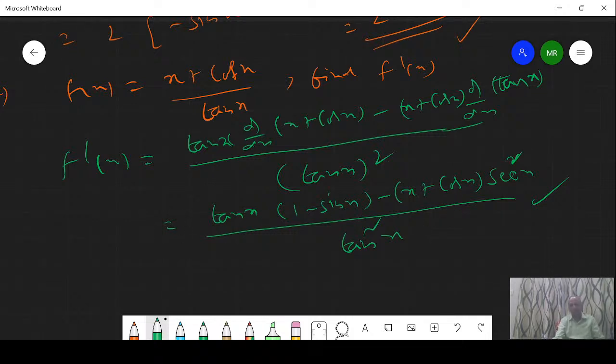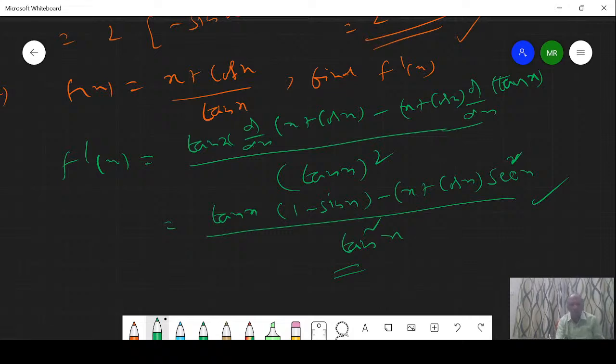Like this we got f dash of x. Right. Now you can see that in this problem I have used the quotient rule. Finally you got tan x into 1 minus sin x, minus x plus cos x into secant square x, by tan square x. So this is the derivative of x plus cos x by tan x.